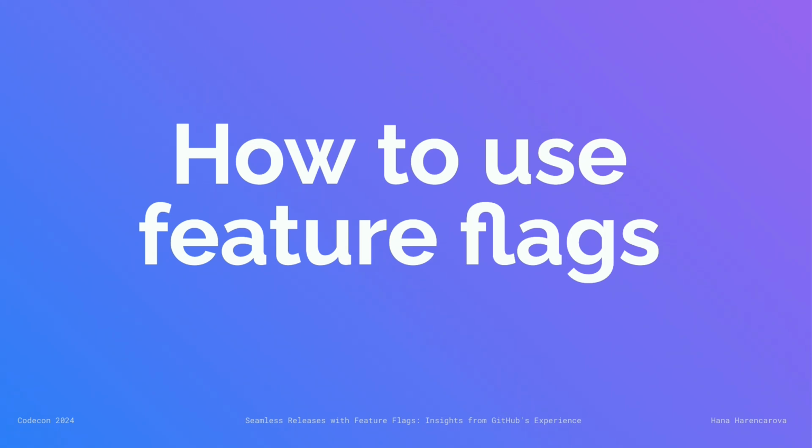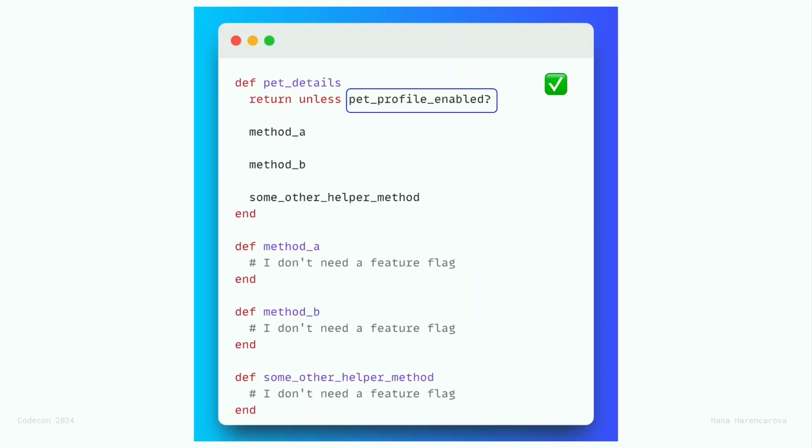So let's look at some good practice on how to use those feature flags. We want to guard all the new behavior. We don't necessarily want to put a feature flag check before or around all the new code. So if we have a new method, which is called pet details, then we can add a return statement just at the beginning of that method.